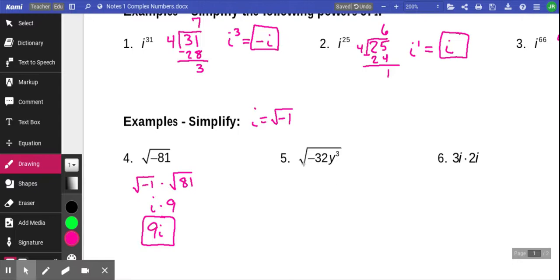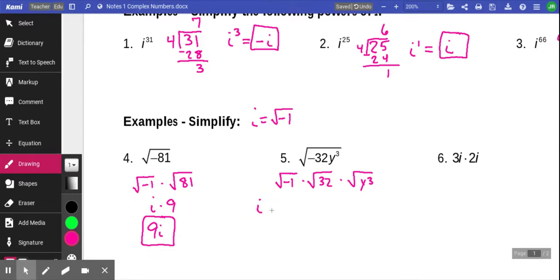So this one wants us to take the positive square root of negative 32y to the third power. So I'm going to rewrite this as the square root of negative 1 times the square root of 32 times the square root of y to the third power. So by definition, I know that the square root of negative 1 is i.